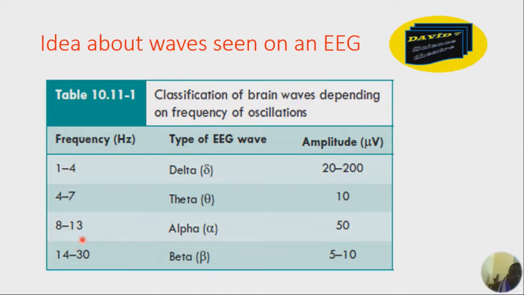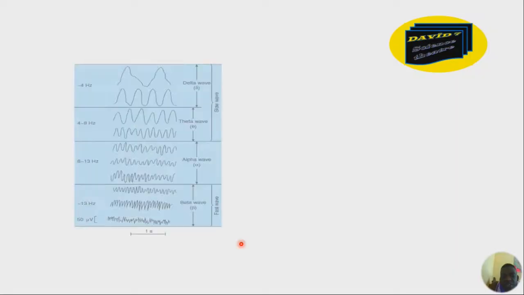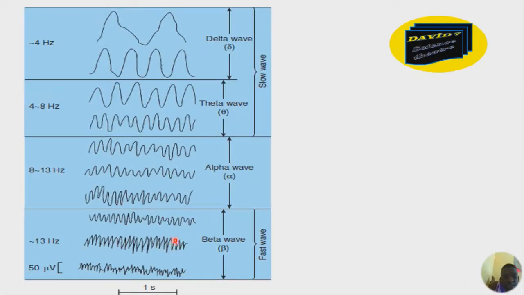Then we have the theta waves, which have a frequency of 4 to 7, with an amplitude of 5 to 10. Beta is 14 to 30, so the highest frequencies are in beta waves. As you can see here, this is the beta wave. We said 13 to 30 is the frequency.